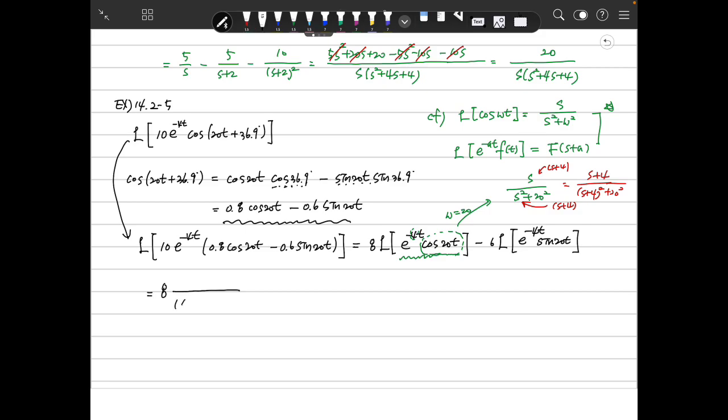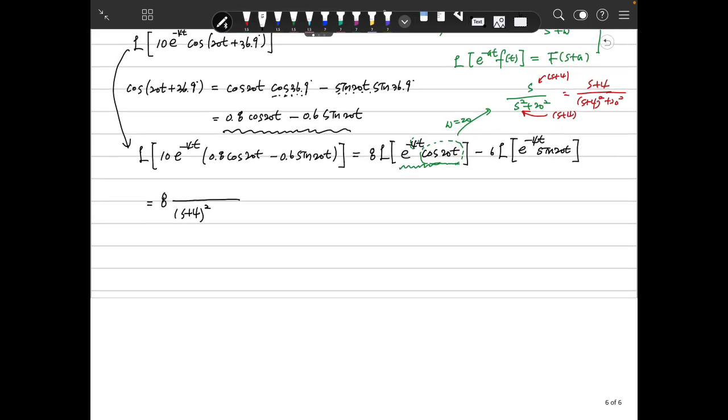Because of that, you can rewrite 8 times s plus 4 over s plus 4 square plus 20 square, and minus 6 in the same way, over s plus 4 square plus 20 square.